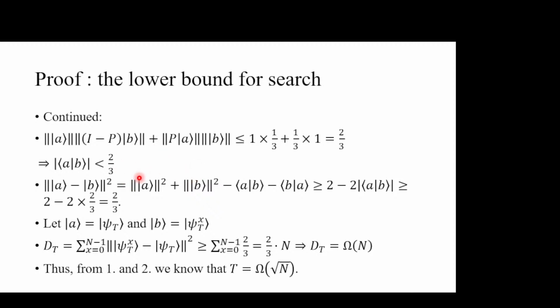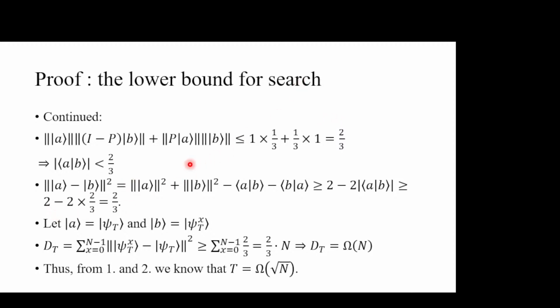So we get the upper bound on the inner product, and we can get the lower bound on the difference between those two vectors. I guess this is kind of geometric, but let's just do it with algebra.